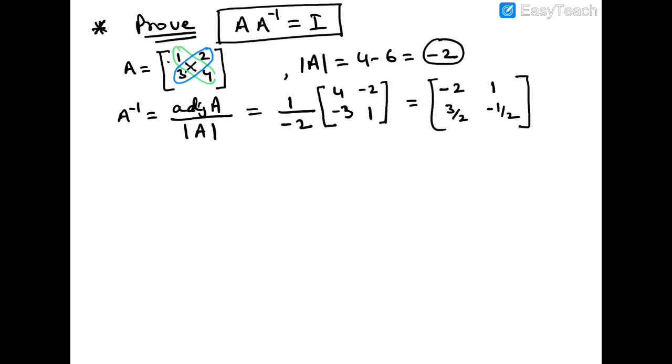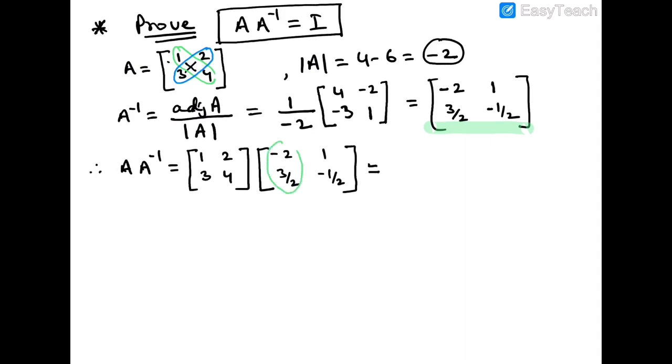Now take left hand side, that is A times A inverse, which is 1, 2, 3, 4 times minus 2, 1, 3 by 2, minus half. Now we need to multiply these two matrices. So for that, let's take first column of second matrix and first row of first matrix and multiply 1 with minus 2, which will give us minus 2, then plus multiply 2 with 3 by 2, which will give us 3.